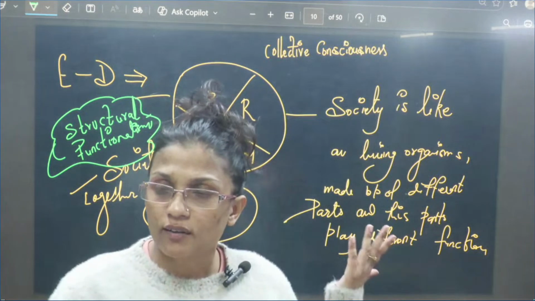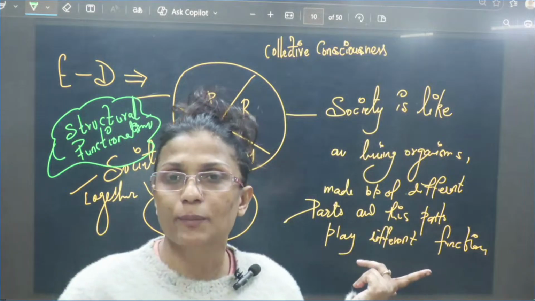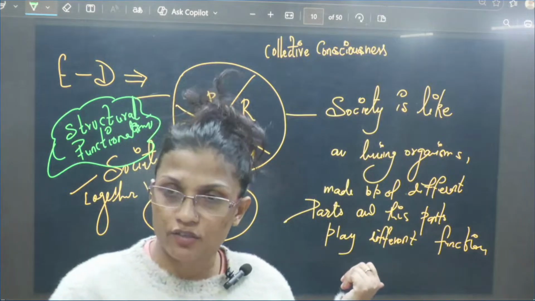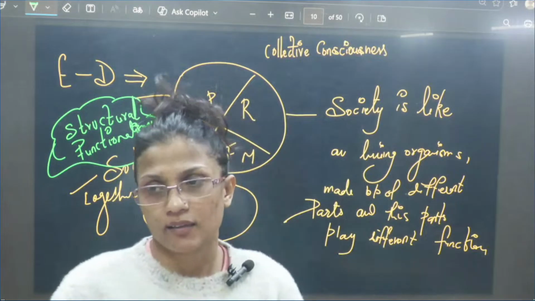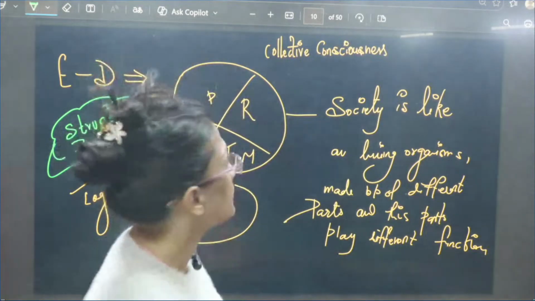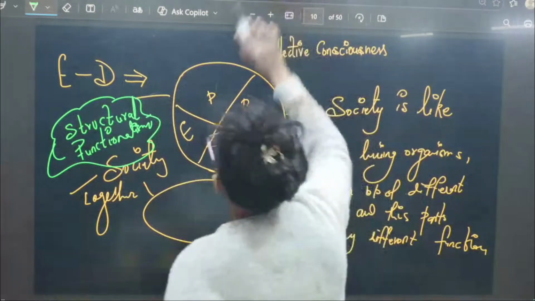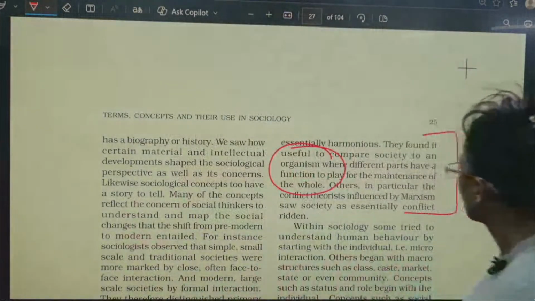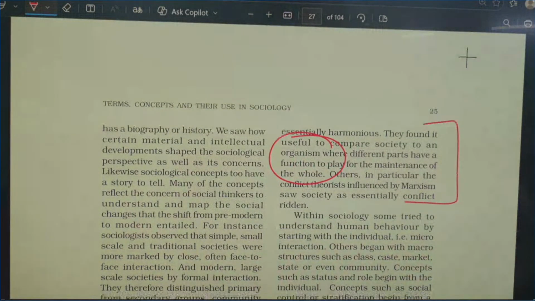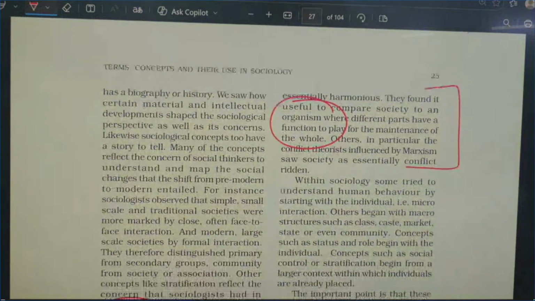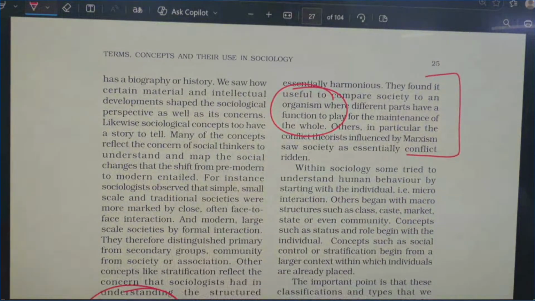So structural functionalism is a concept, and for Karl Marx, the concept is conflict. Clear? Within sociology, some try to understand human behavior by starting with the individuals.